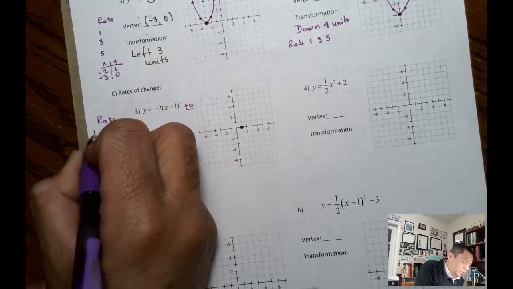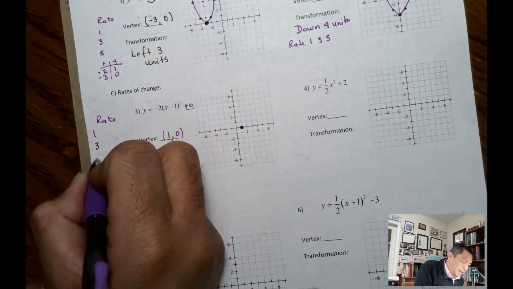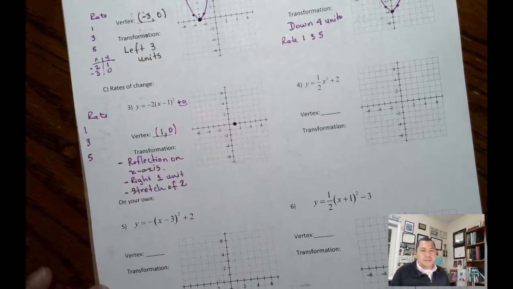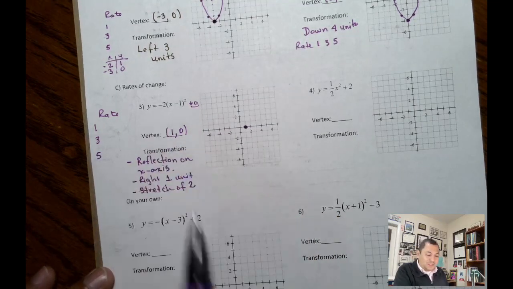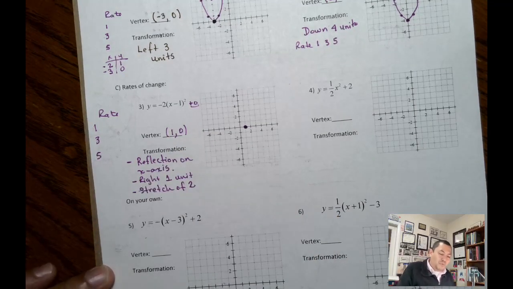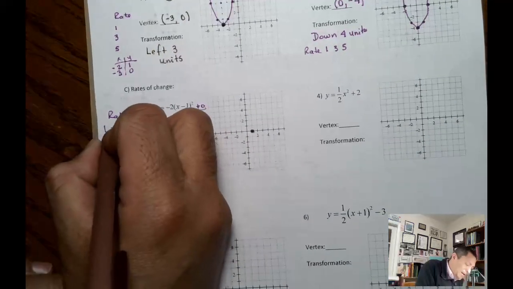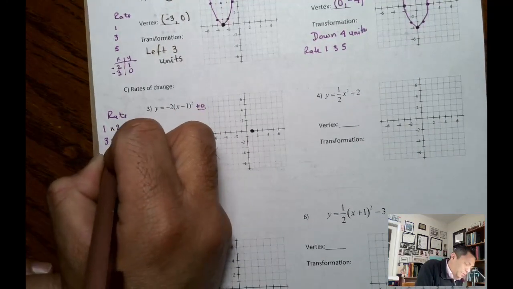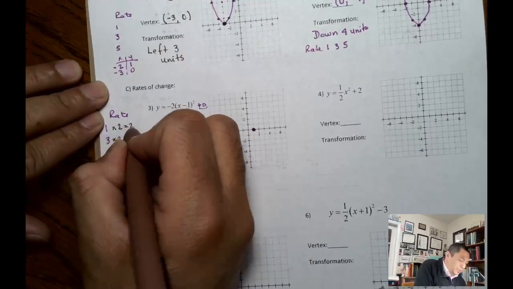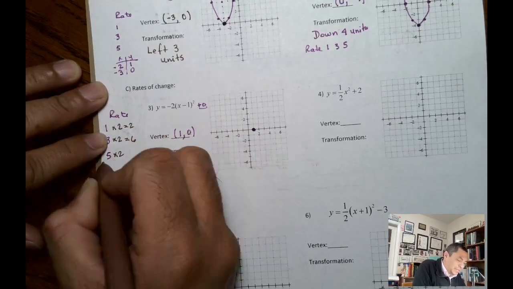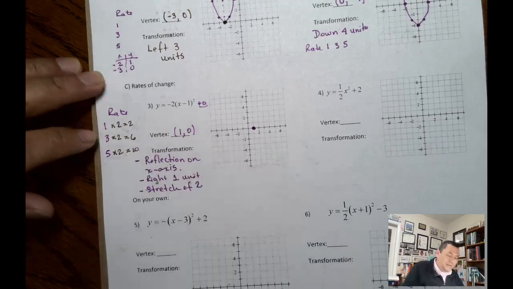Now, we need to be careful with the rate, because we usually use 1, 3, and 5. But now we have this rate here, this -2. So what we're going to do is just multiply by that 2. So 1 times 2 is 2, 3 times 2 is 6, 5 times 2 is 10.